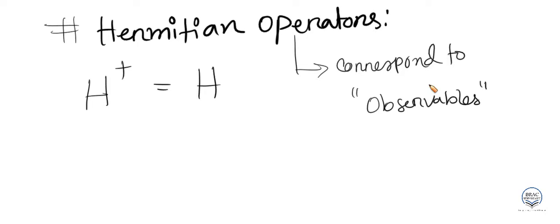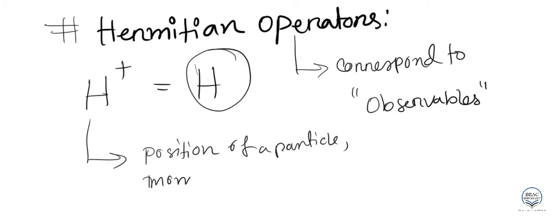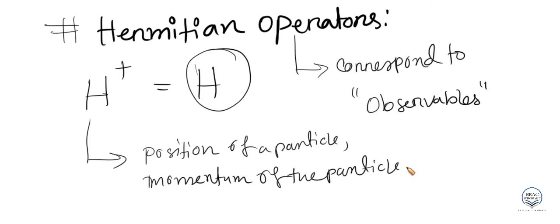That is, this Hermitian operator H will correspond to some quantity that you can measure. So an example would be position of a particle. It can be the momentum of the particle. It can be the energy of the particle, and so on.